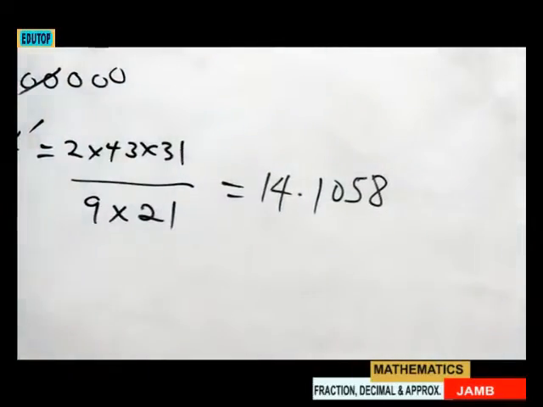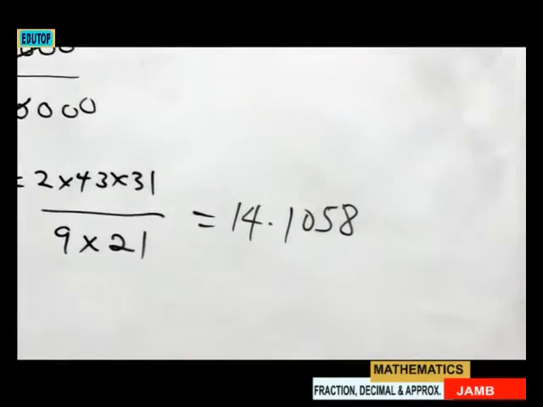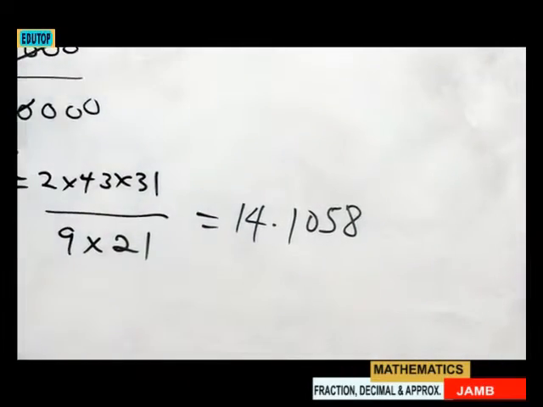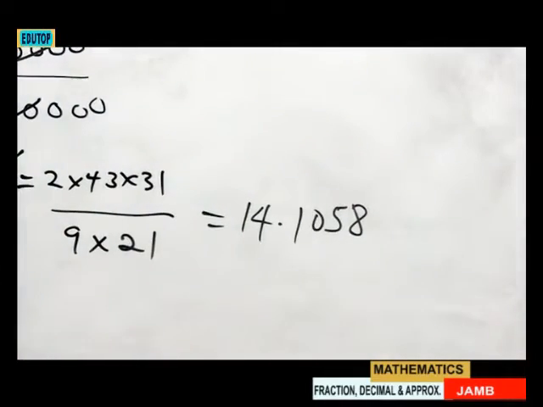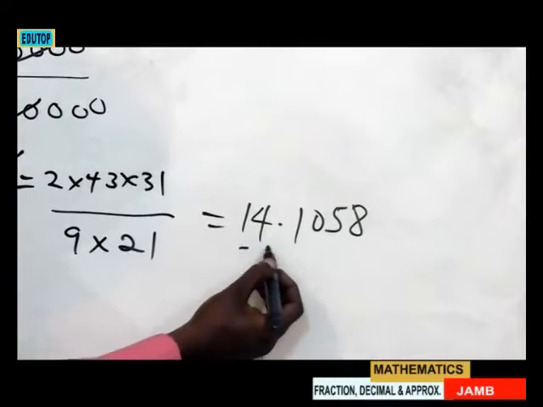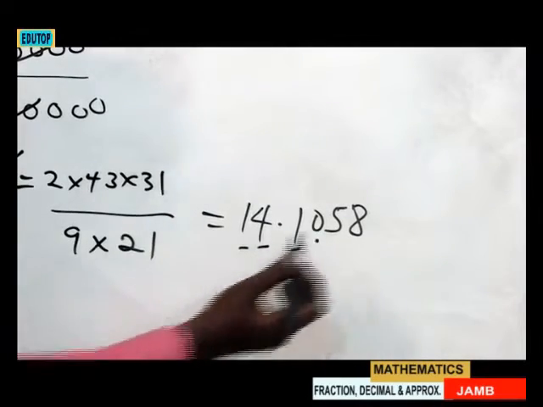So we have 14.1058, and we should be mindful of the instruction given to us, which says evaluate correct to 4 significant figures. That means we have 4 non-zero digits: this is the first one, second one, third one, and this is the fourth one.